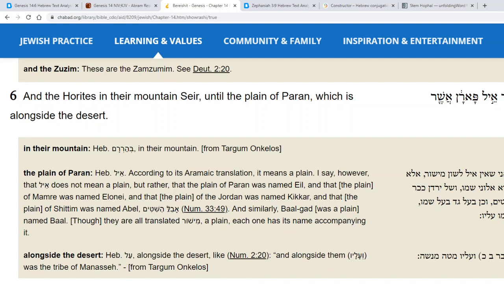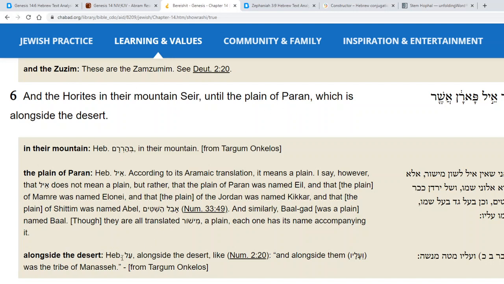Avel Shittim. Okay, from Numbers. And similarly, Balagad, plain of Baal. Though they are translated Mishor, plain, each one has its name accompanying it. So Rashi's actually thinking that it is El Paran, right, is the name.